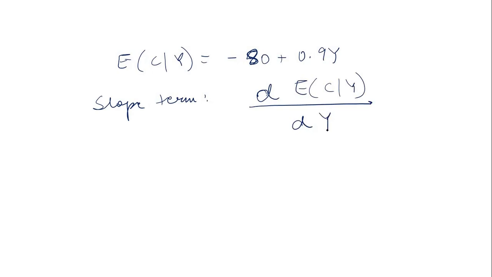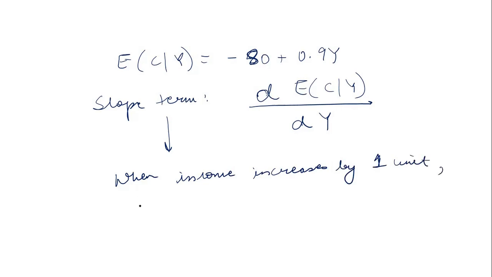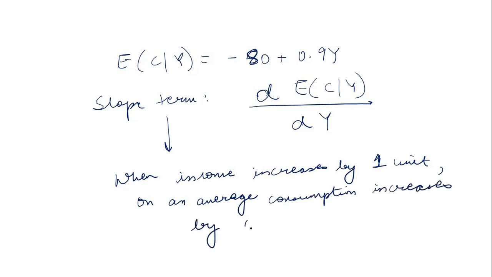So how do we interpret the slope term? The slope term is interpreted as: when income increases by 1 unit, on an average, consumption increases by 0.9 units.